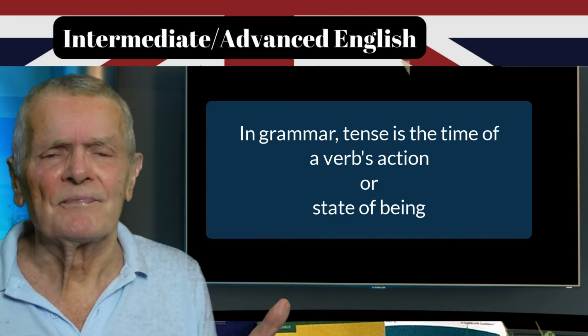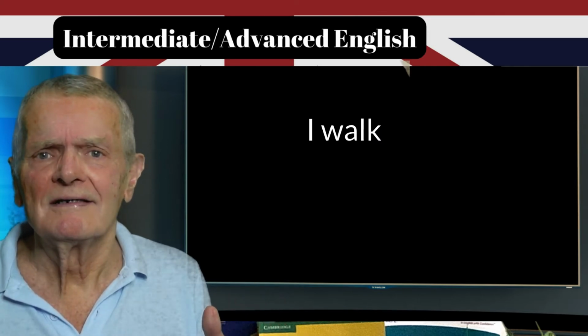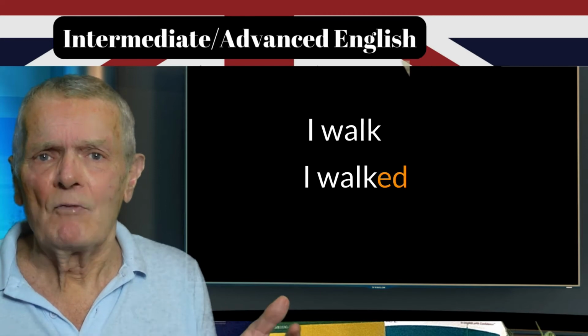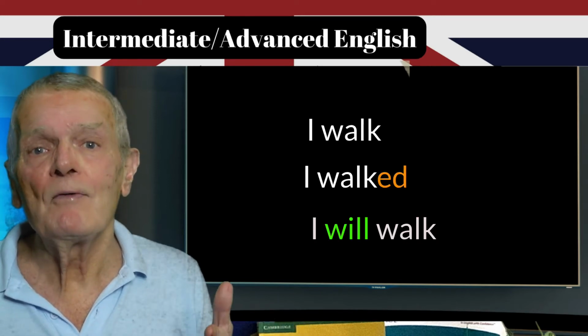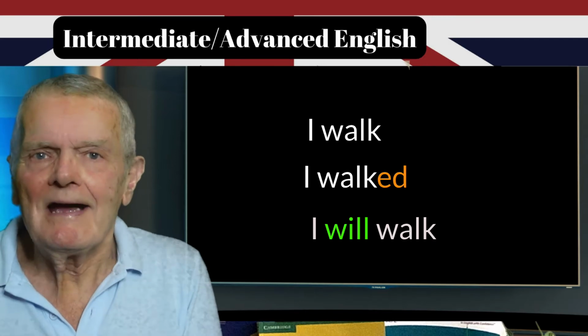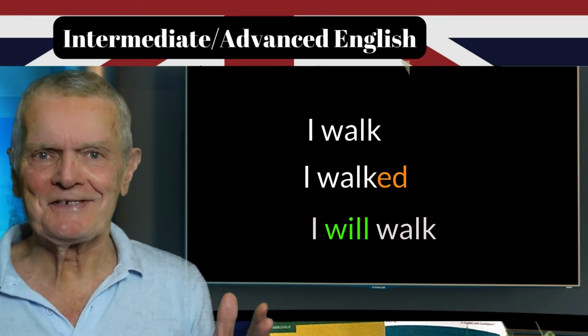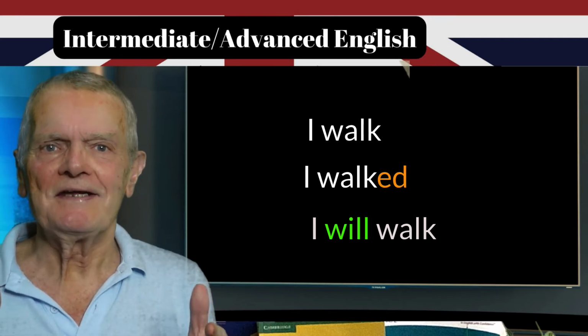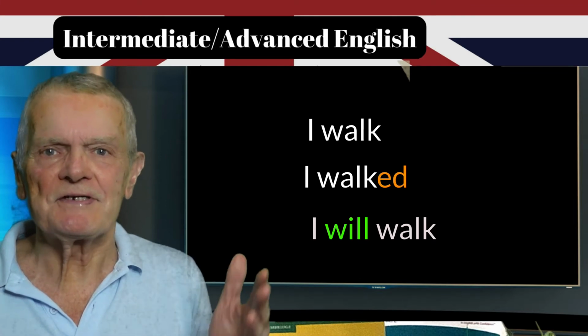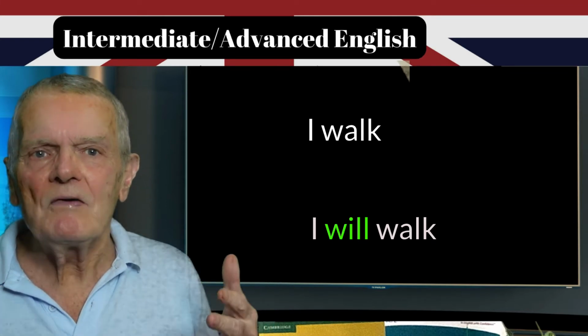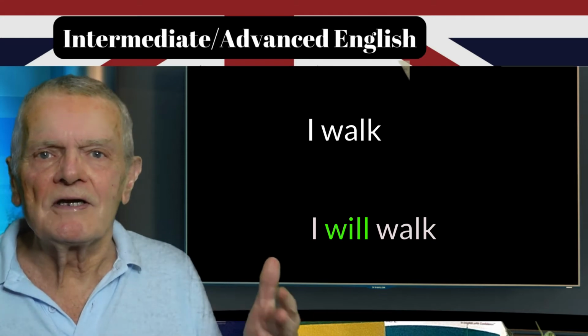So, for example, we have I walk, I walked, and I will walk. Now, hold on, you might say. You just said that there's only two tenses, present and past, but now you're talking about the future.